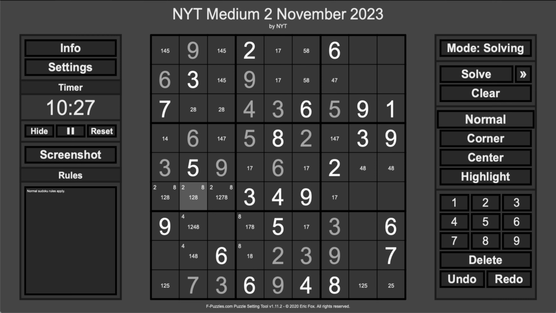This is not 7. 7 could still be there or here, which is annoying. Somewhat irritatingly, 4, 7 is not resolved there.